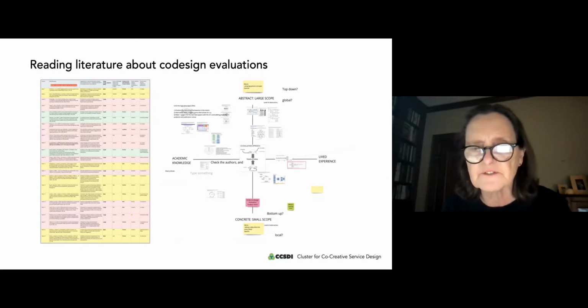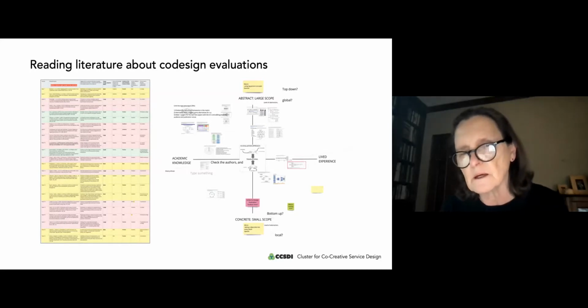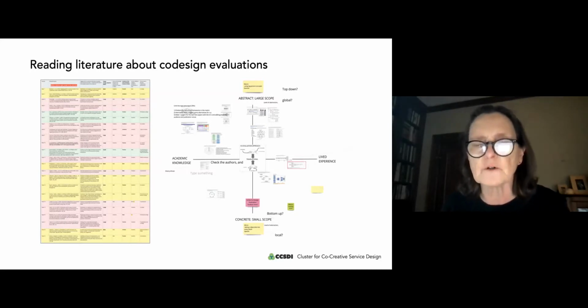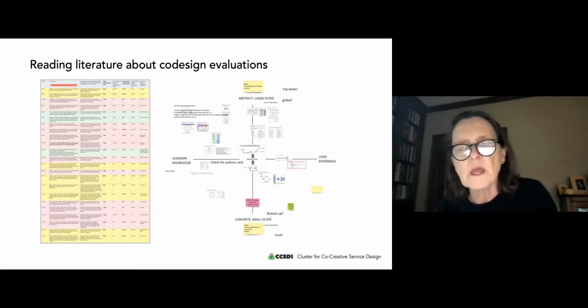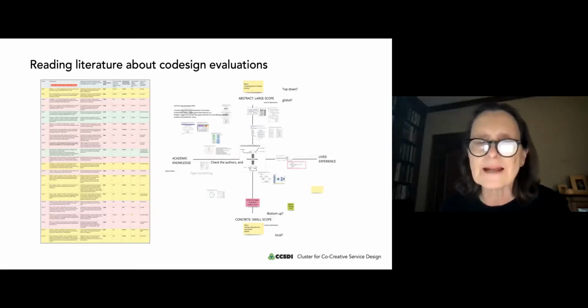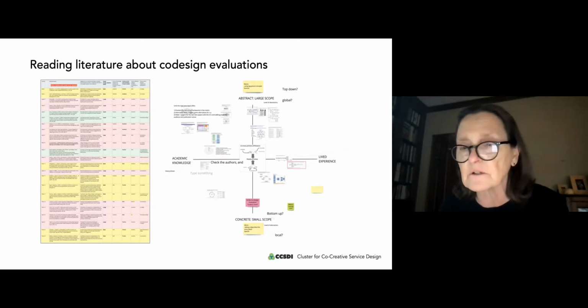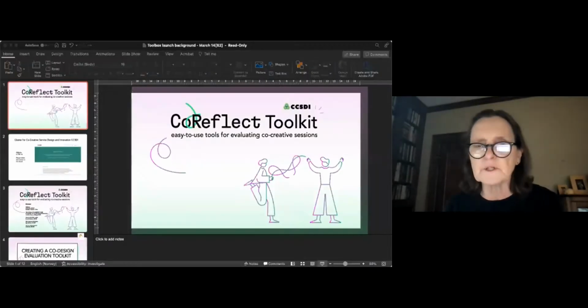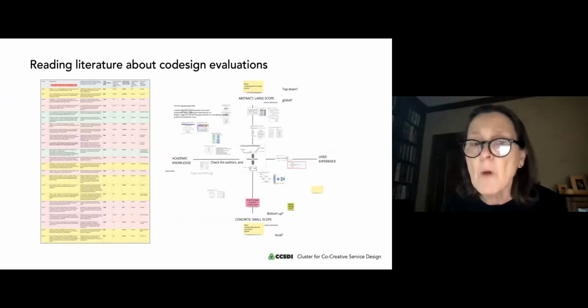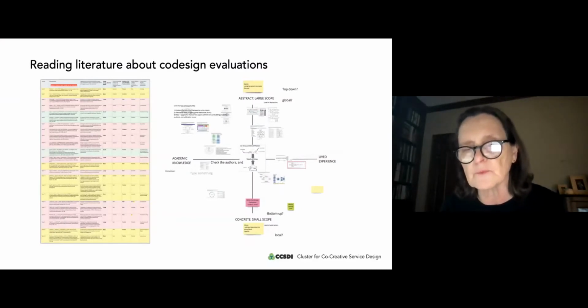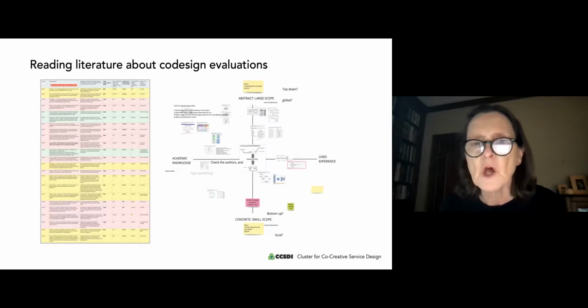And on the right, you can see that we were plotting the purpose of these articles on a grid with academic knowledge on the left, practical knowledge on the right, large scope on the top, and small scope on the bottom. And if you squint your eyes, you can see most of the work in relation to assessing co-design practice was very large scope, abstract, and it tended to be on the academic side.